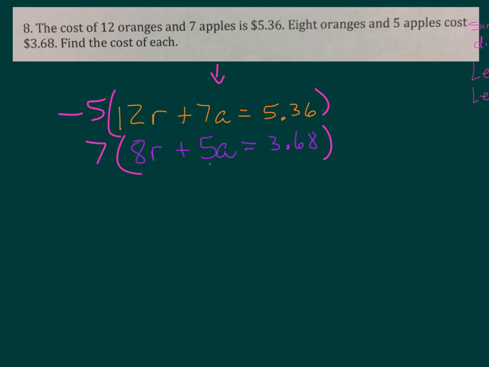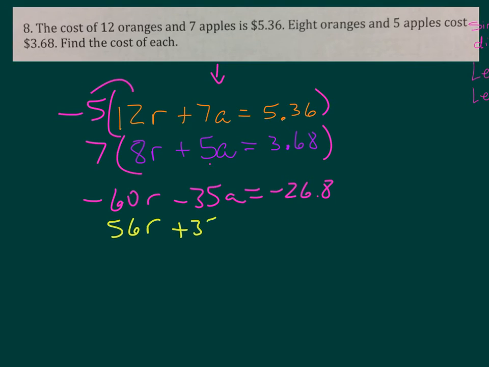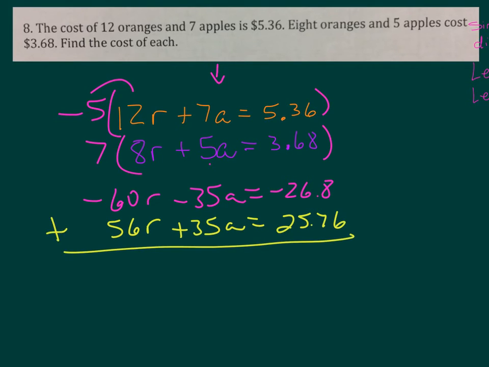So when I do this, this is what I end up getting: negative 60 oranges plus negative 35 apples equals negative 26.8. On the bottom here, 7 times 8 is 56 oranges, plus 35 apples, equals 25.76.